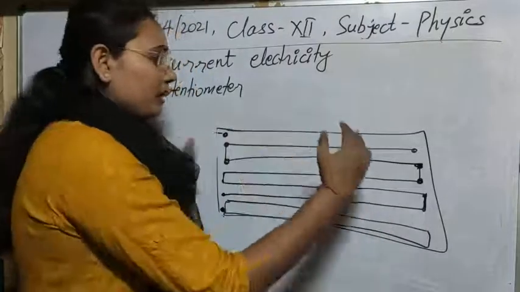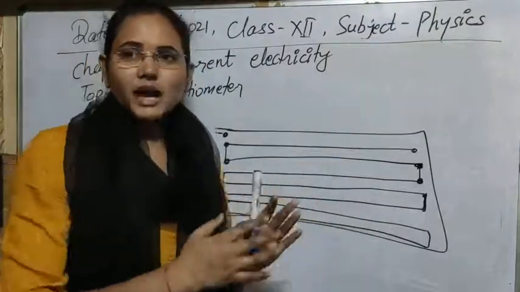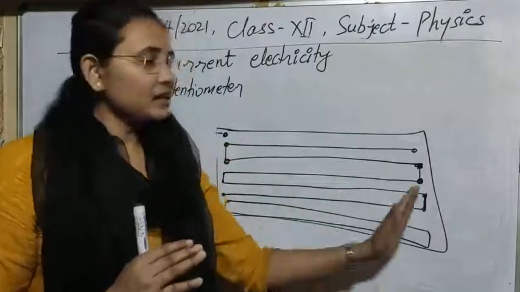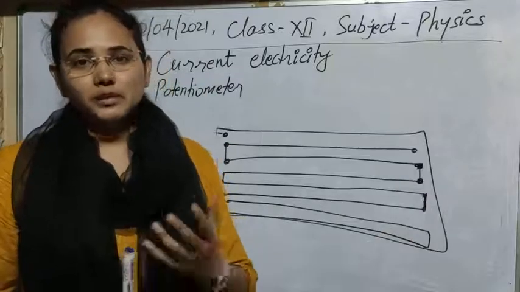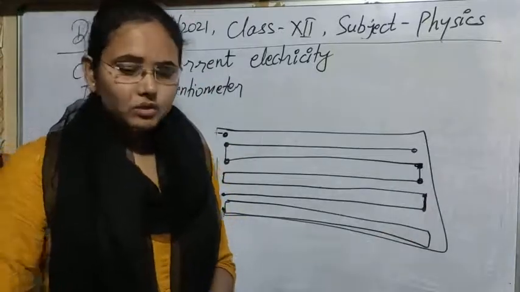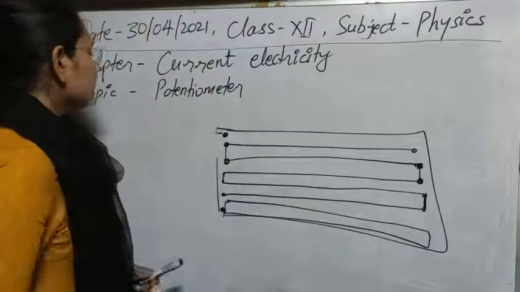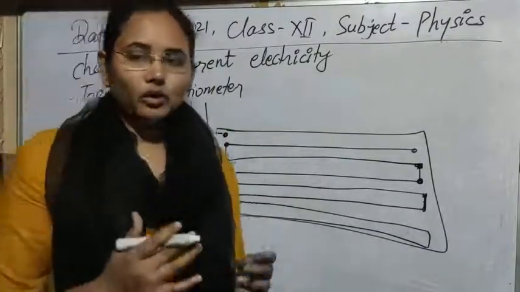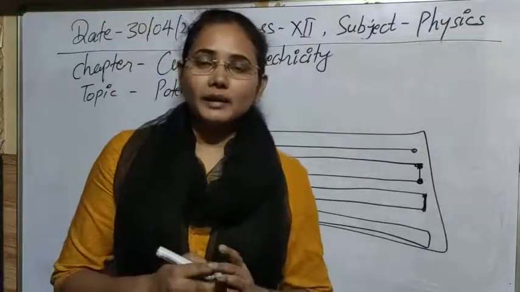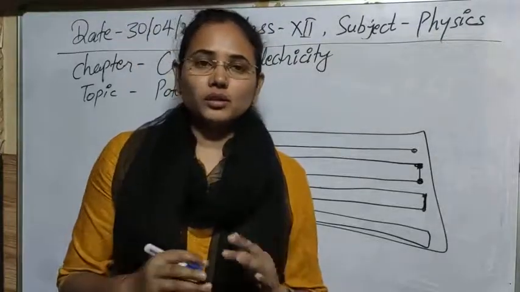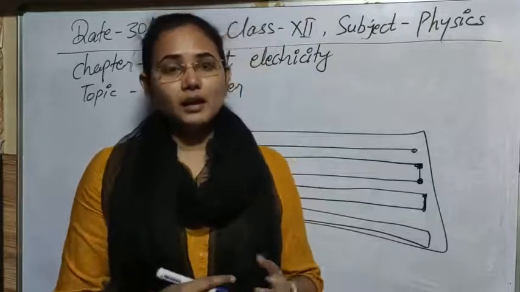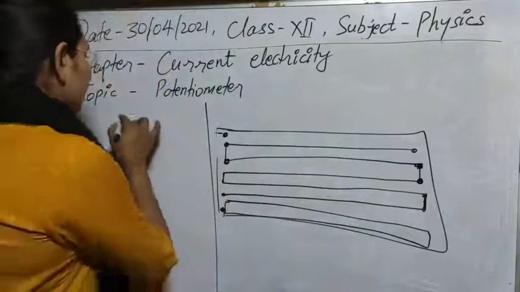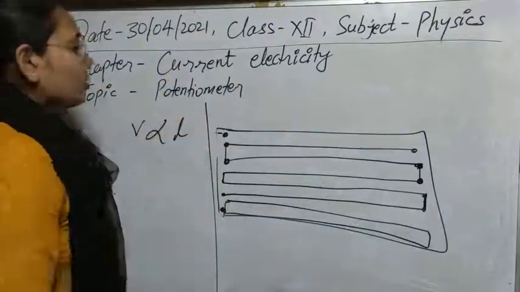Only on a wooden board we have a number of metallic wires, every wire has a length of 1 meter, and they are connected by copper strips, metallic strips. The principle of the potentiometer is that the potential drop across some length of wire, for a uniform cross-sectional area and a constant current flowing through it, is directly proportional to the length of the wire.